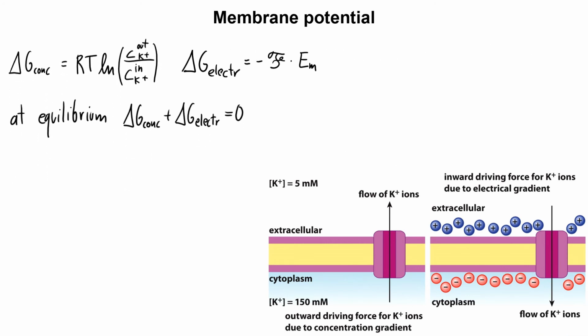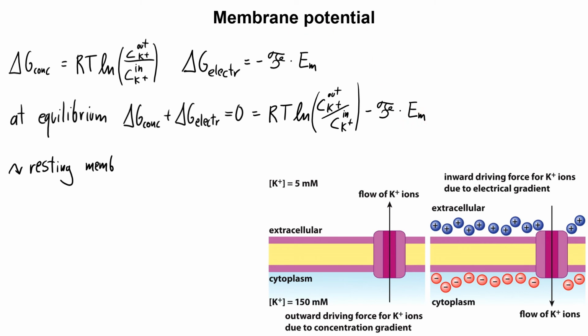Excellent. So now we can, as easy as that, plug those in with this equation, combine them, and we get this expression that has both of them in this subtraction. What we want to know now is the membrane potential E_M, and we rearrange for the resting membrane potential at equilibrium.